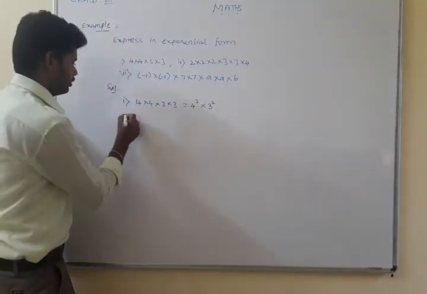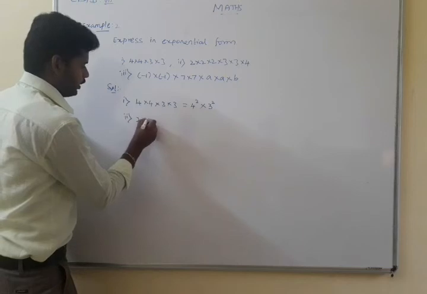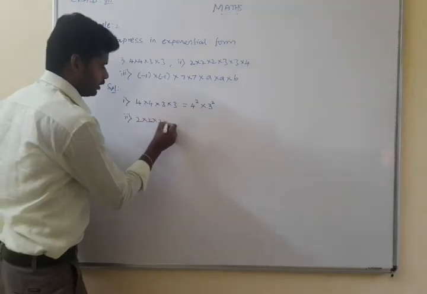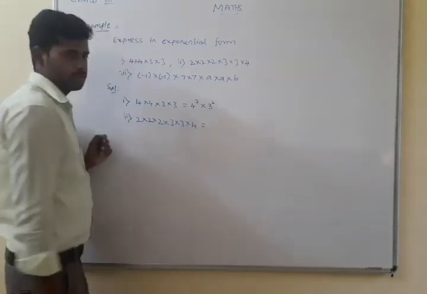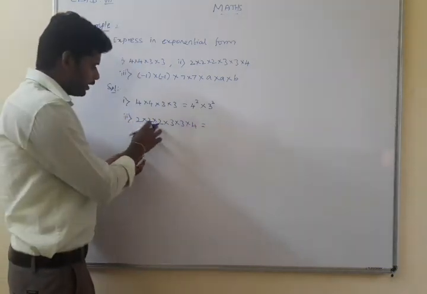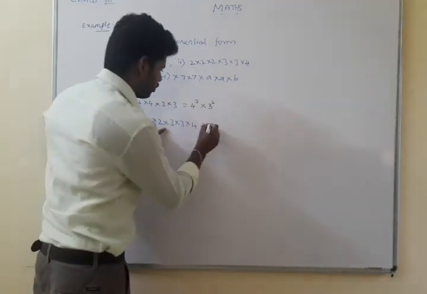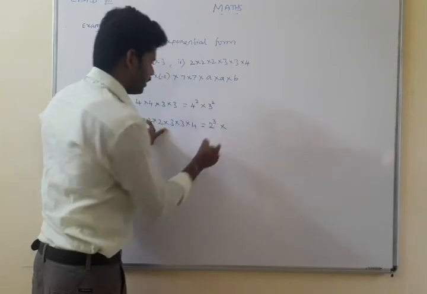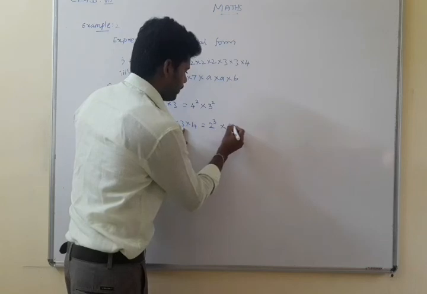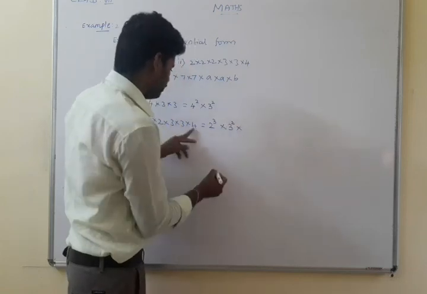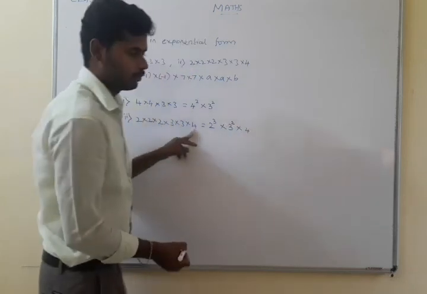Next one: 2 into 2 into 2 into 3 into 3 into 4. 2 appears 3 times, so 2 power 3 into 3 power 2 into 4.